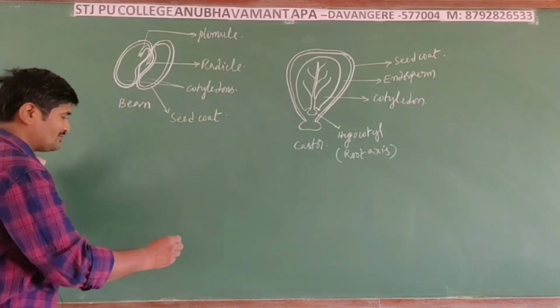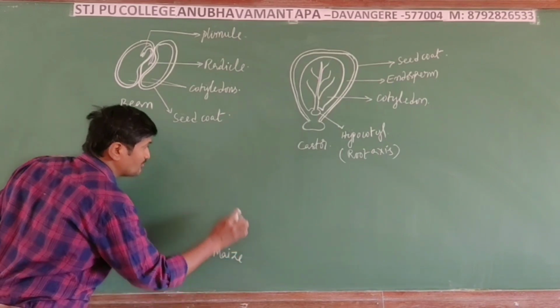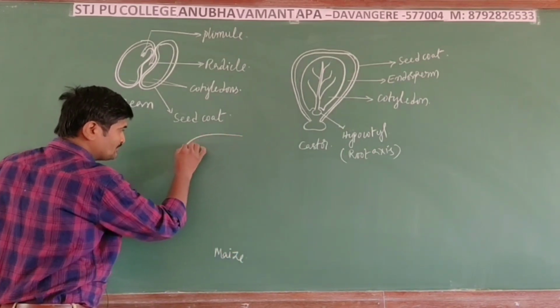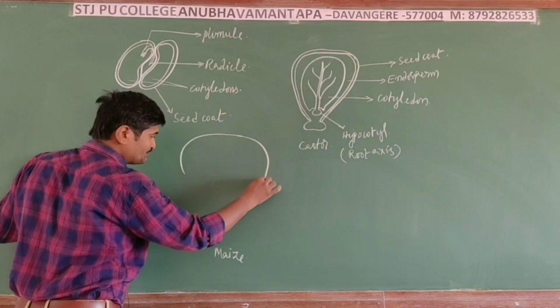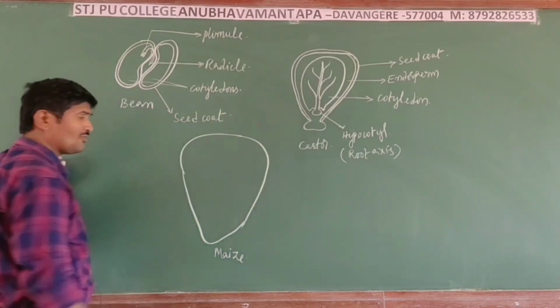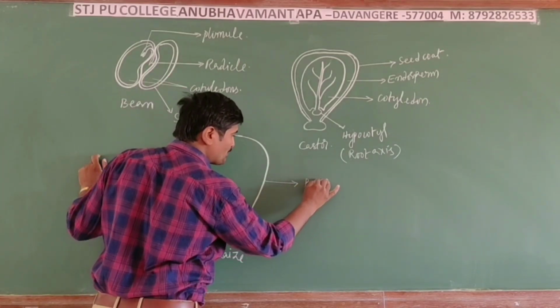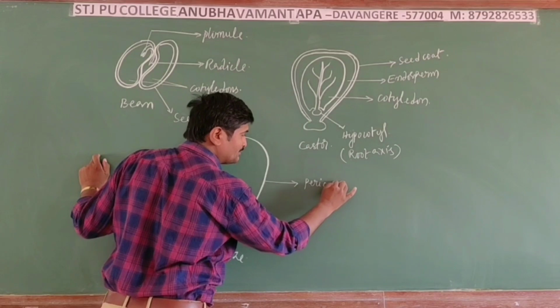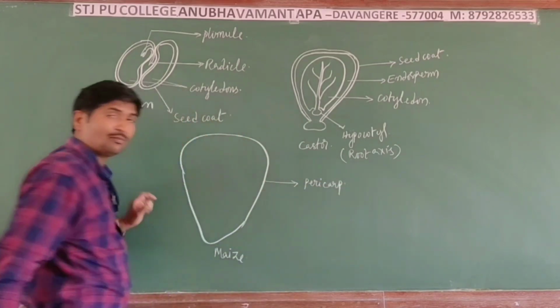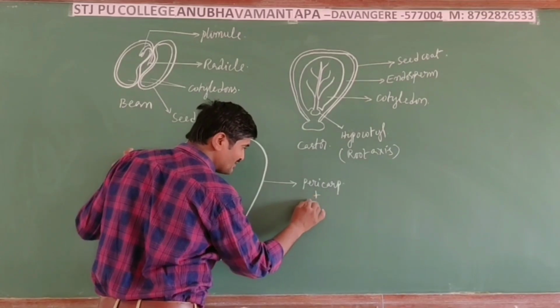Another seed structure, maize. See here in this one. This is known as the pericarp. What is pericarp? The fruit wall is known as the pericarp plus seed coat.